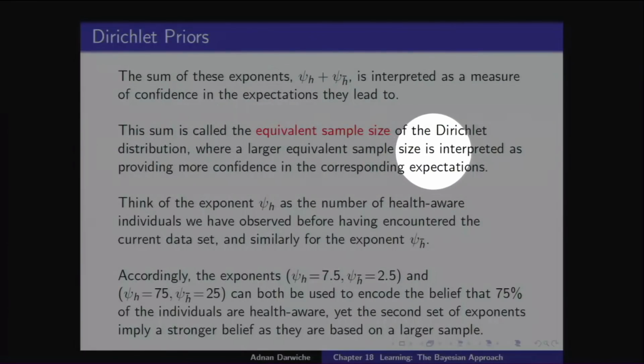One way to look at it is how many individuals I've actually seen. If I give you 75 and 25, I'm basing this on having seen 75 of this type and 25 of the other. But if you say 750 and 250, you've seen more, so in a way, you're more confident in what's going on.